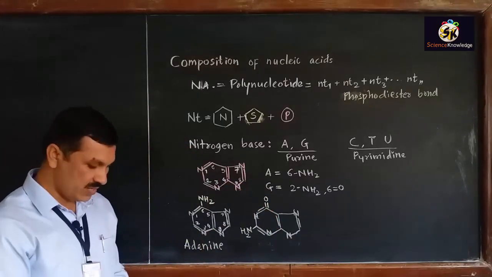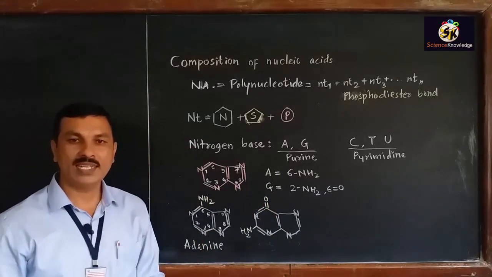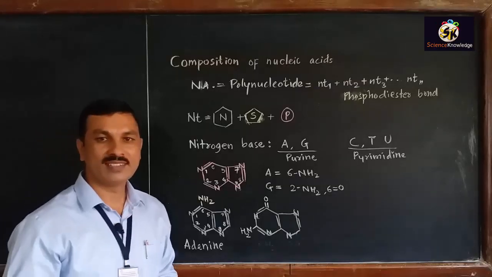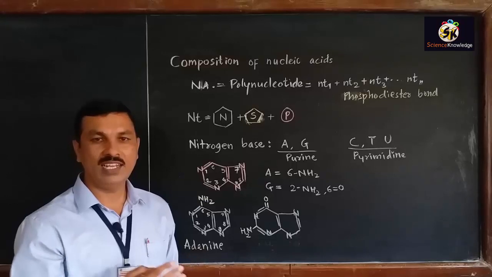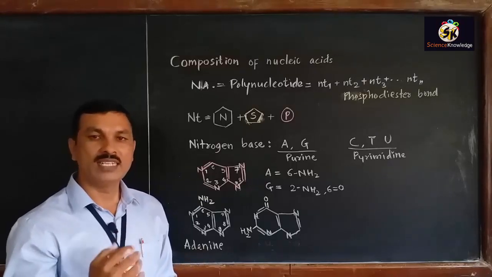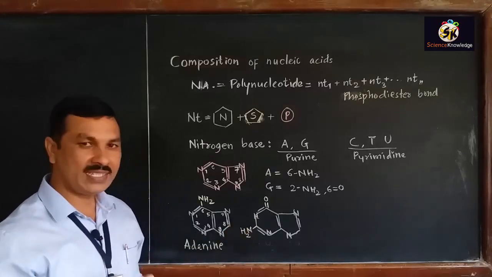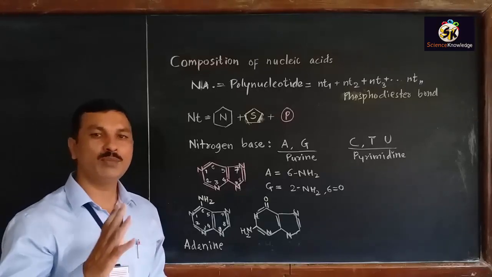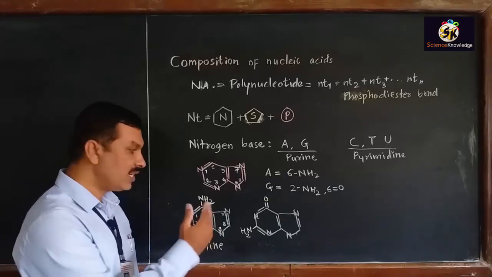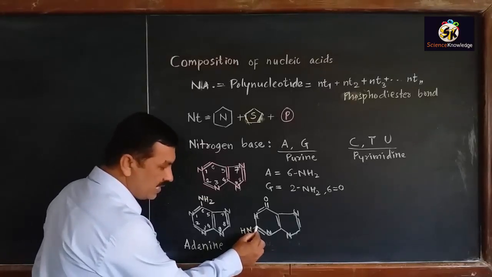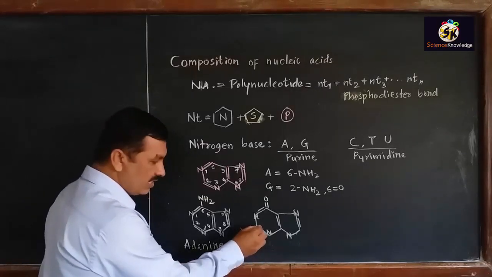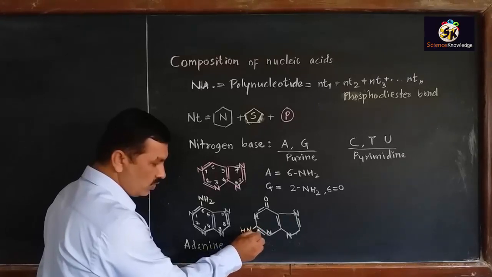Now we have to remember one thing, that carbon has 4 valencies, and therefore wherever carbon is present it must have 4 bonds. Similarly nitrogen has 3 valencies, so it must have 3 bonds. Let us check. Let us start with carbon. Here we have represented nothing, so this is the position of carbon. It shows bonds 1, 2, 3, 4.